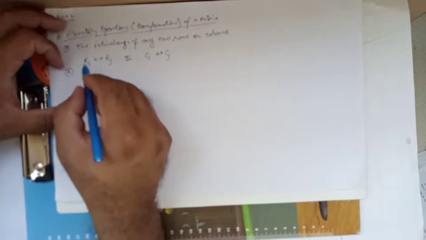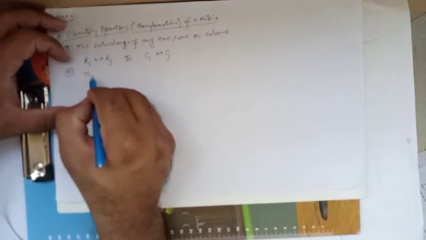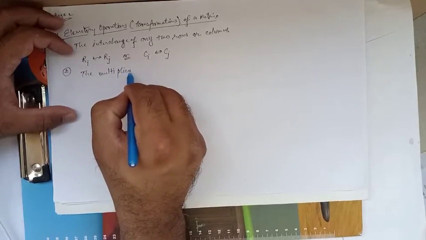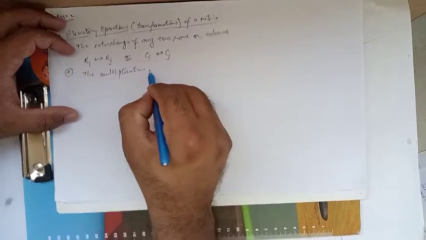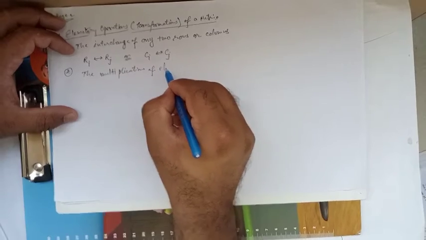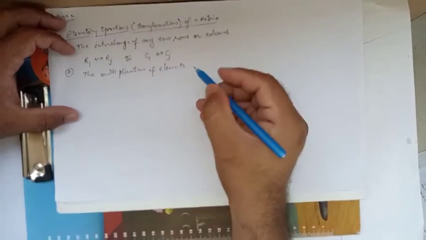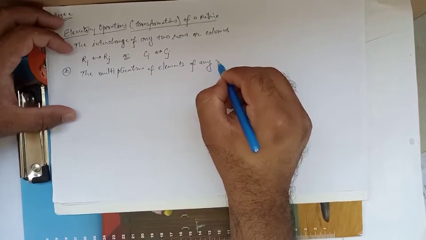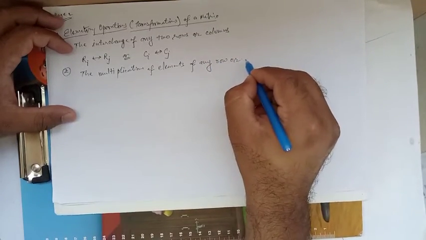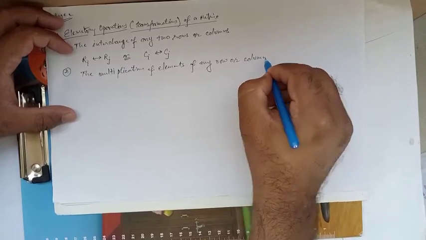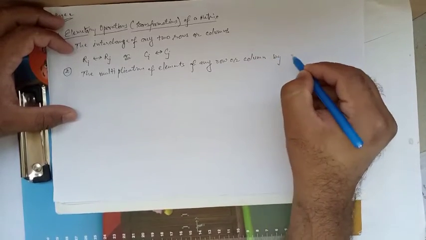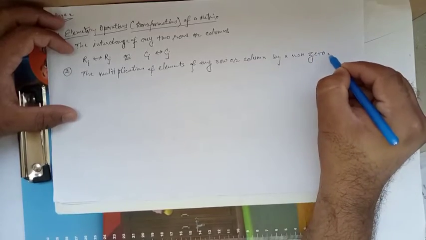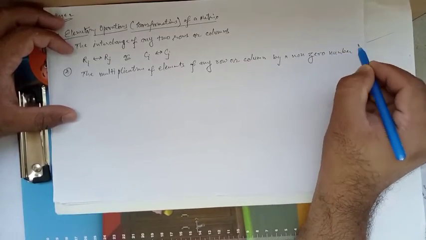The second one is the multiplication of elements of any row or column by a non-zero number.